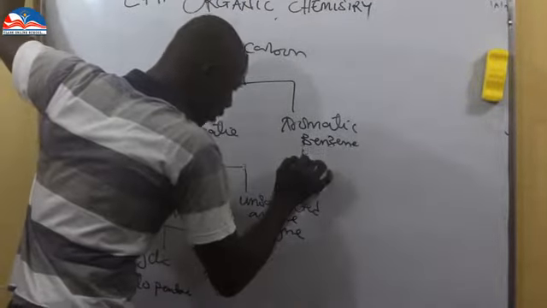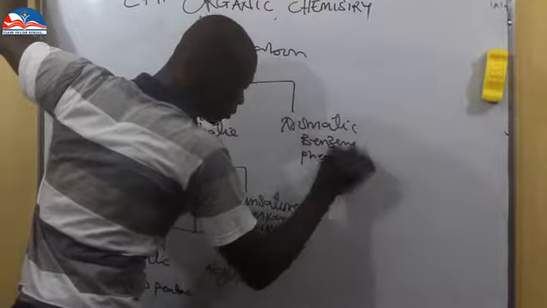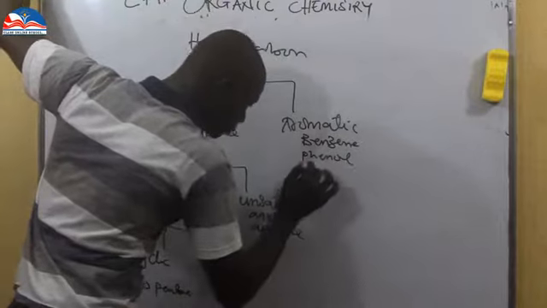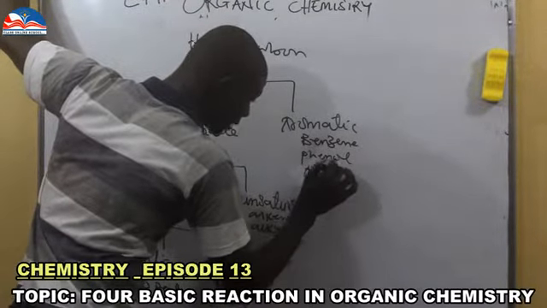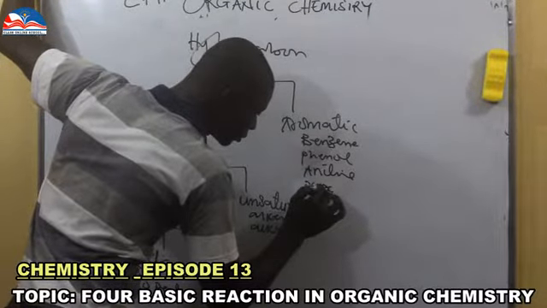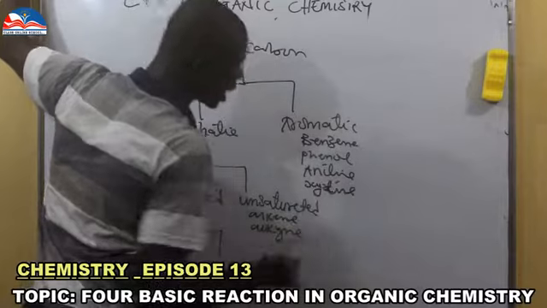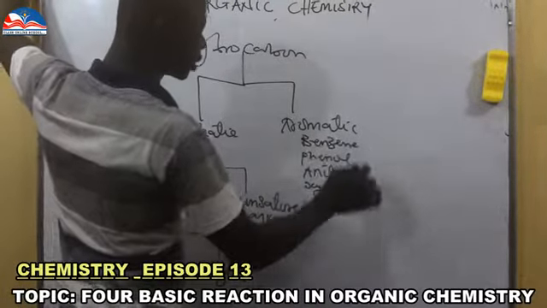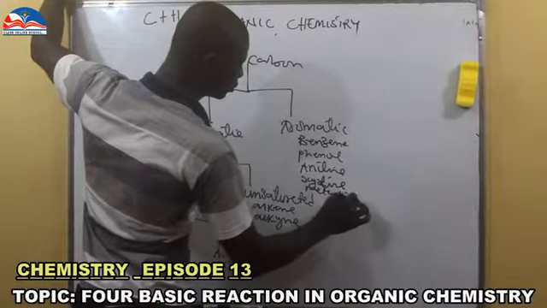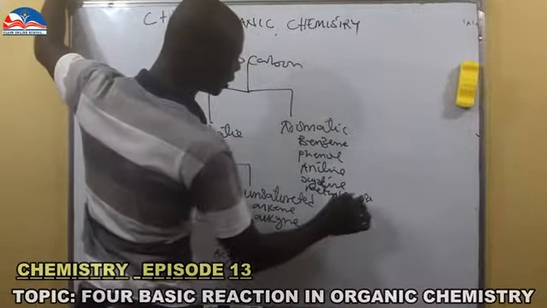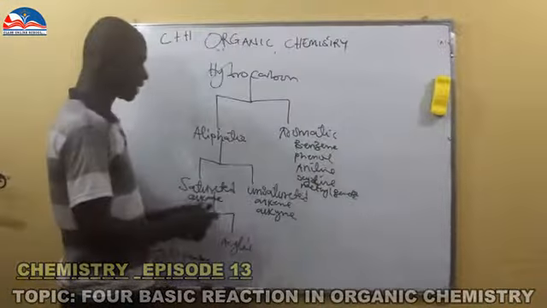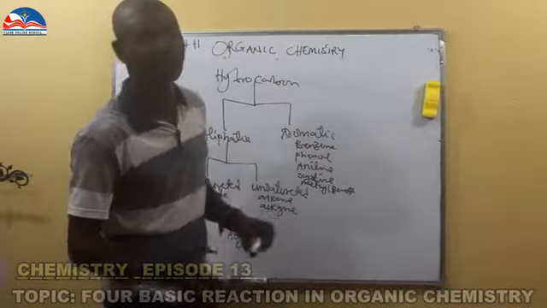You're also going to see what we call phenol, aniline, and xylene. Under this place, we still have what we call methylbenzene. These are the examples of aromatic, and these are the examples of saturated and unsaturated.